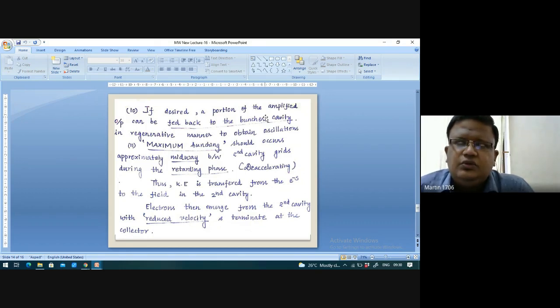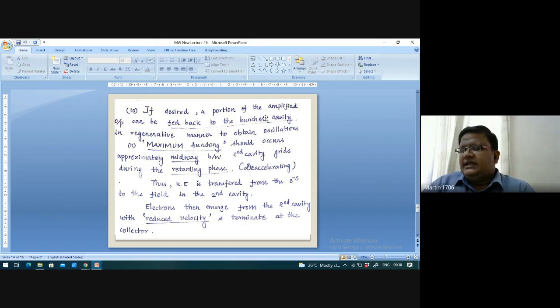Only due to the electrons, this amplification process and oscillation process occur. The maximum bunching should occur approximately at the midway between the two cavities during the retarding phase. Okay, so when the deceleration takes place, the polarity changes again, negative to positive.